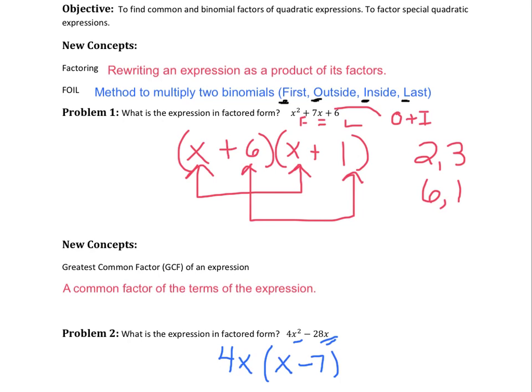So I'm ending up with an answer that says 4x, and then in parentheses, meaning times, x minus 7. Good, and I always just do a quick distribution in your head to make sure that you match back up. It's kind of nice and easy to check these problems because you can just, like Ms. Schenzer said, do it in your head.